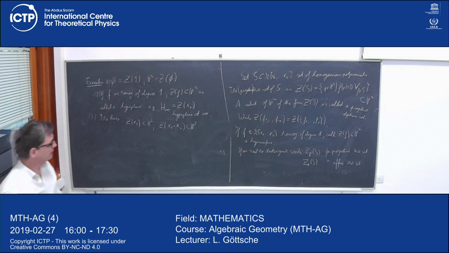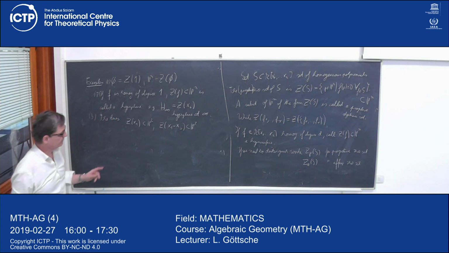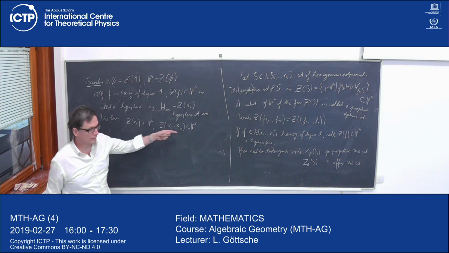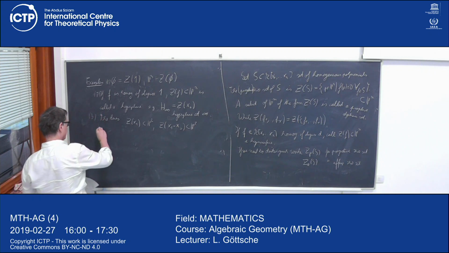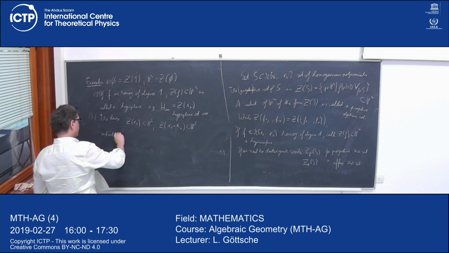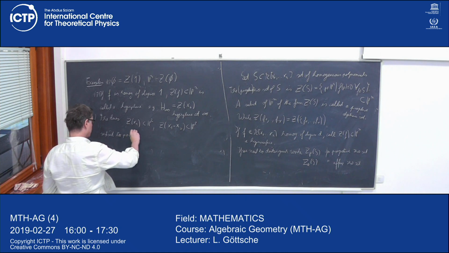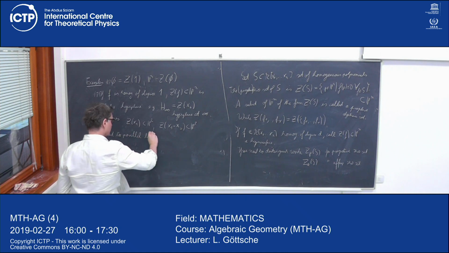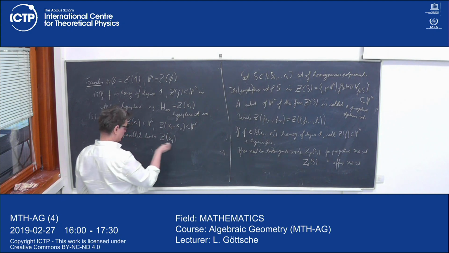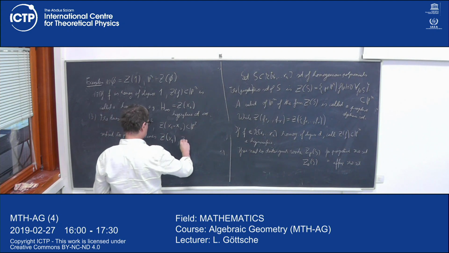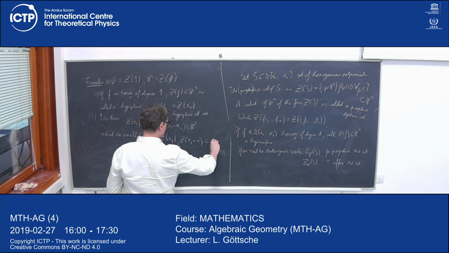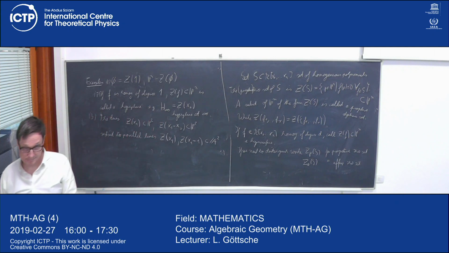If I restrict them to A2, so A2 would mean the locus where the zeroth coordinate is 1. So restrict. So the parallel lines Z of x1, but now in A2, and Z of x1 minus 1 in A2. So these are parallel and they don't intersect.